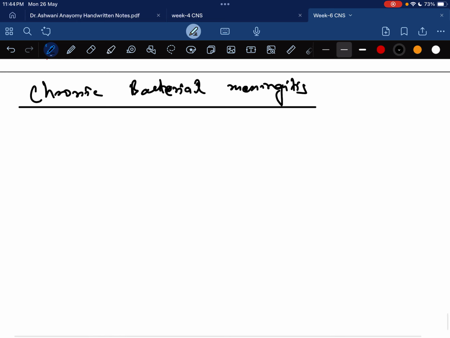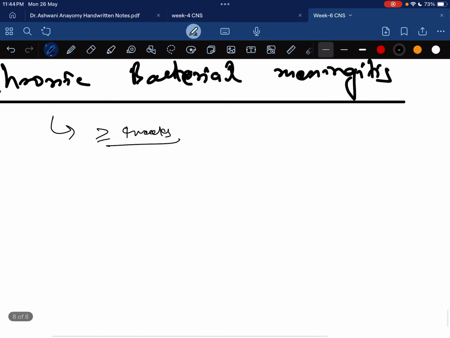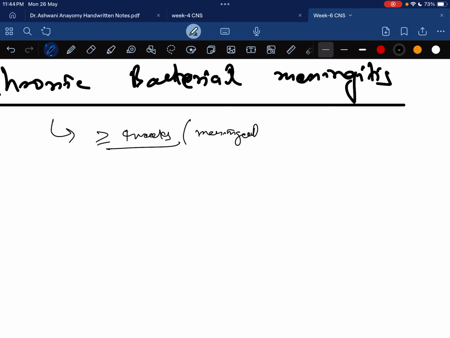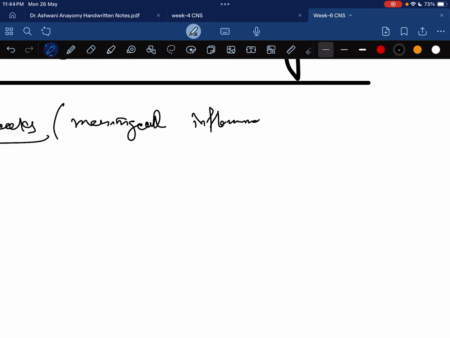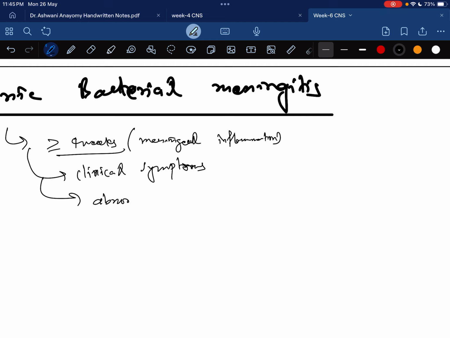Chronic bacterial meningitis is defined as meningeal inflammation occurring for more than 4 weeks, with clinical symptoms and or abnormal CSF findings persisting for more than 4 weeks.